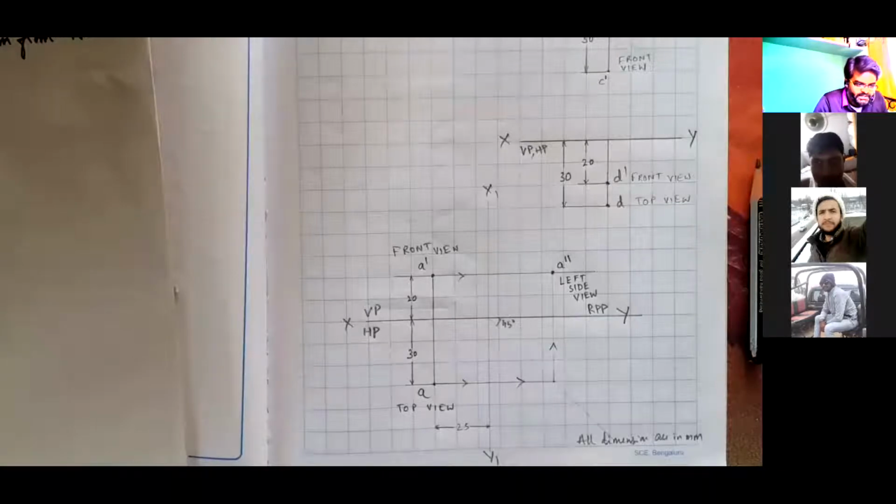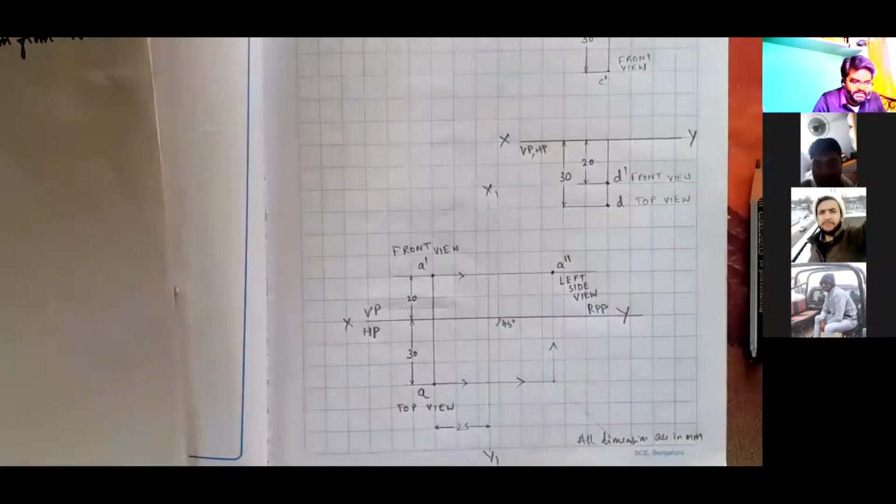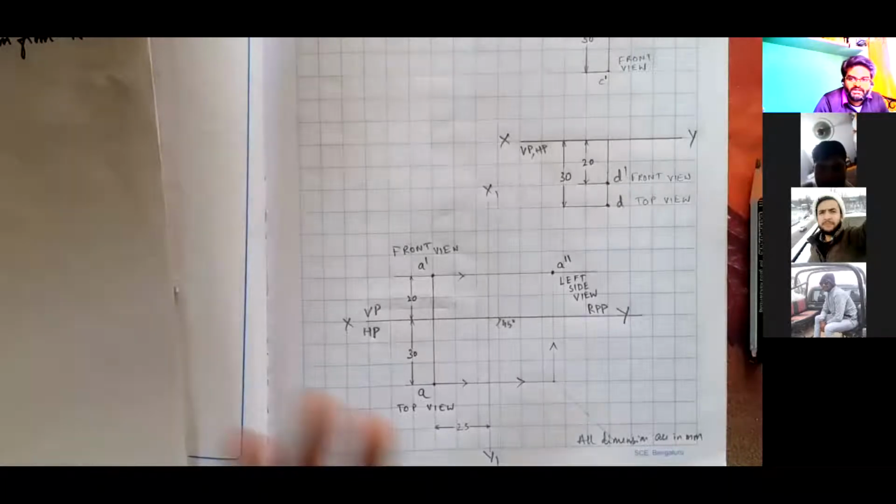You are keeping a monitor on a desk, or a laptop on the table. The wall behind you is the vertical plane, the floor below you is the horizontal plane, and the right side wall is your right profile plane. Similarly, what is on the left side wall? That is your left profile plane.